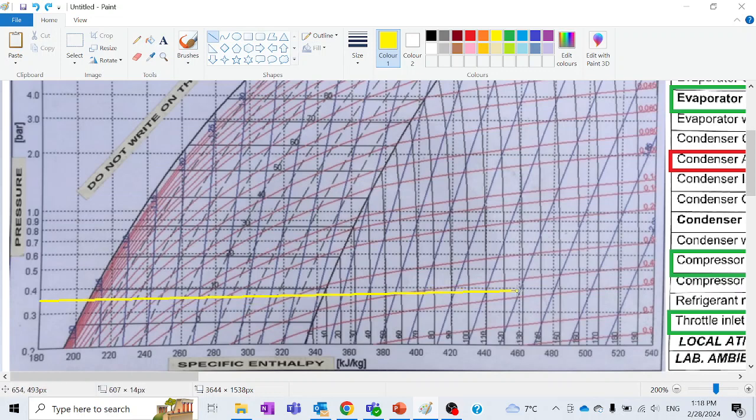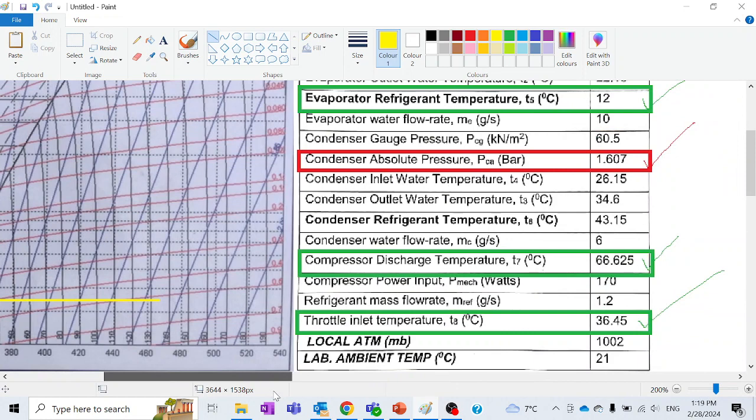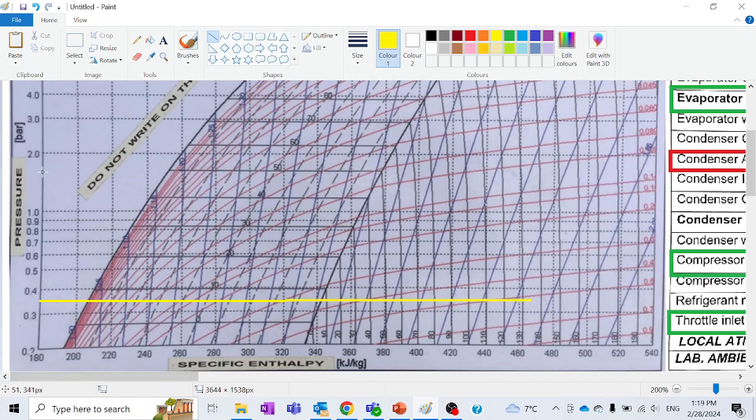So trace a horizontal line corresponding to pressure 0.362. Just extend it normally. Then the other pressure given to us is the condenser pressure, which is 1.607. So 1.6 is somewhere around here. Again trace a horizontal line corresponding to this pressure. This pressure line belongs to the condenser.